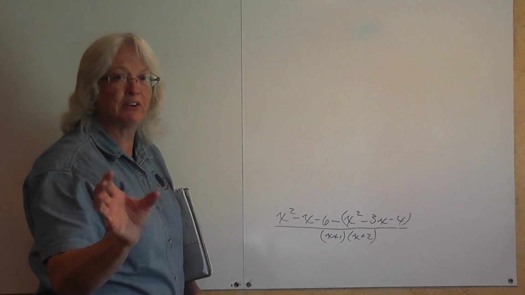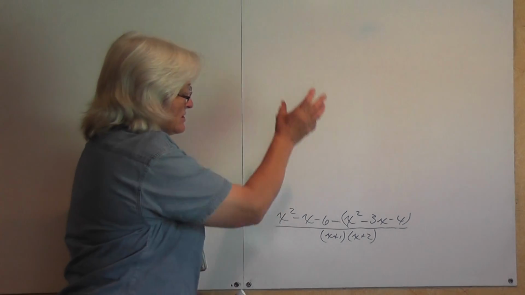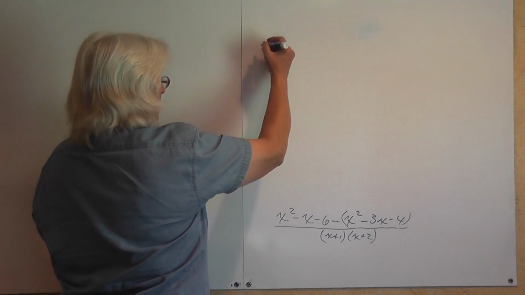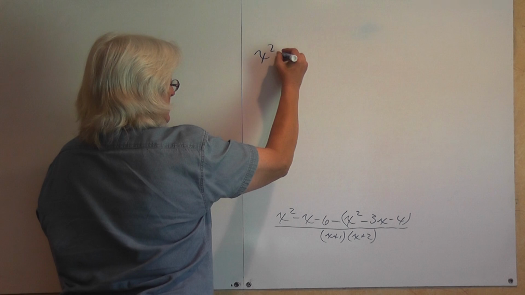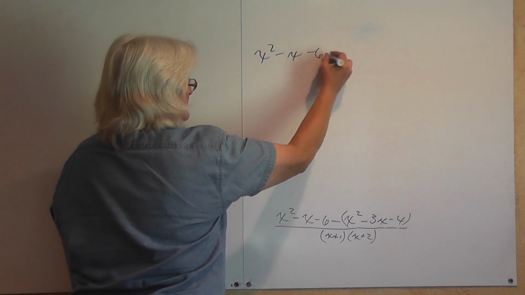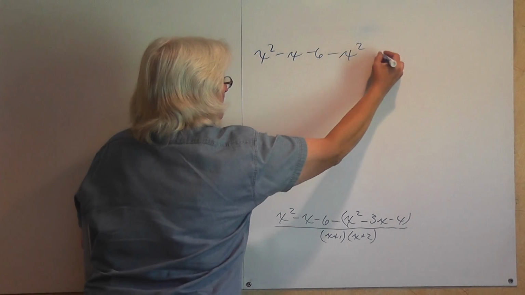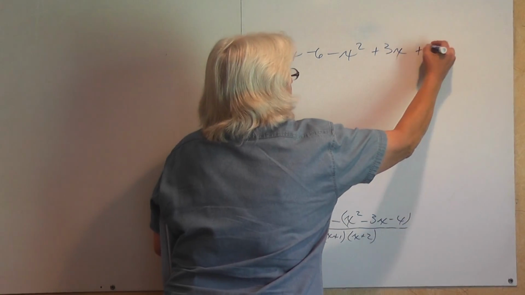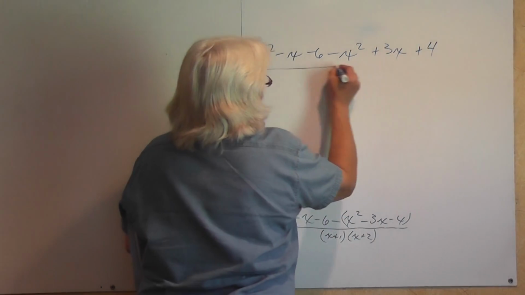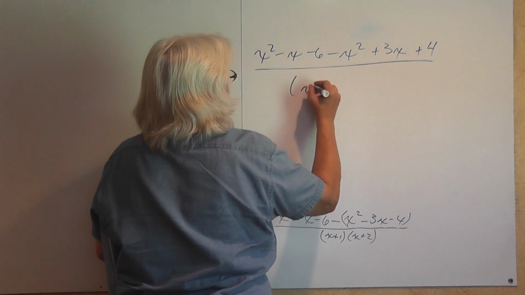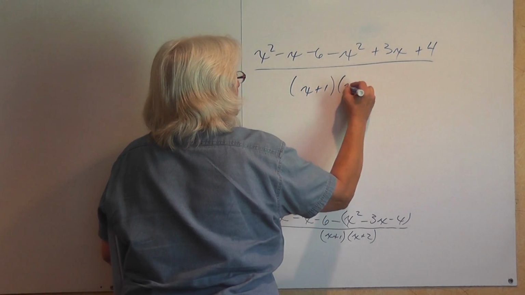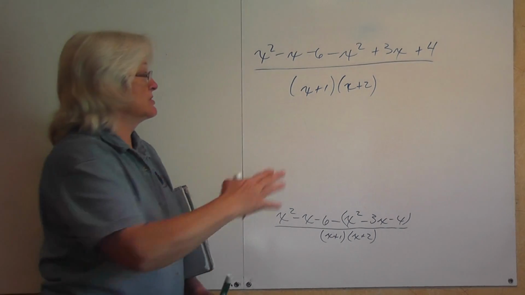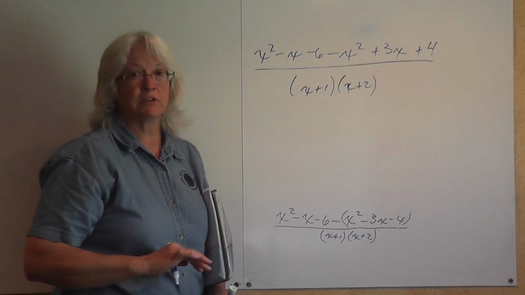And this is where you guys have an advantage over me, because you can just continue going on your piece of paper. So we end up with x squared minus x minus 6 minus x squared plus 3x plus 4, all of that over our common denominator in factored form, which is the product of these two binomials, x plus 1 times x plus 2.